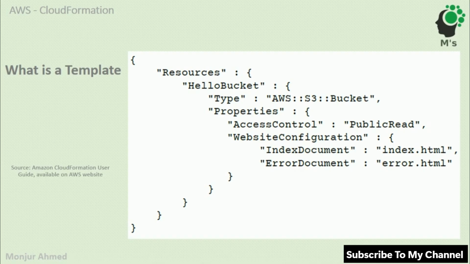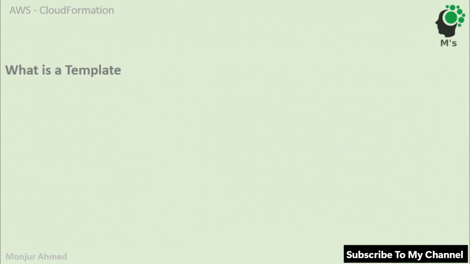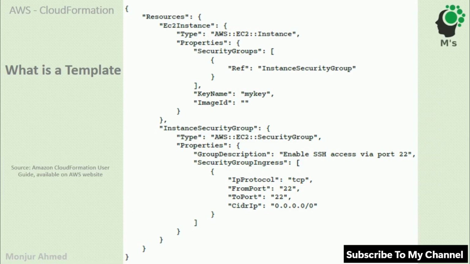Now let's look into another example to understand templates a bit further. Here we have another template file. If you are familiar with EC2 from some other video tutorials, we know that we need a key pair, we need to configure a security group, and we need to specify the ports and the services that we need.